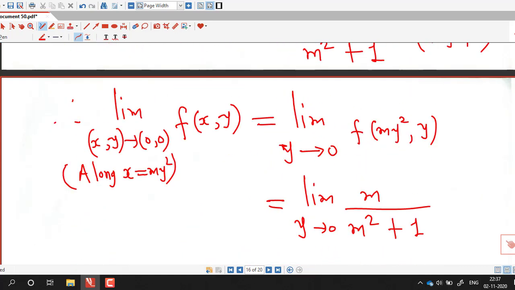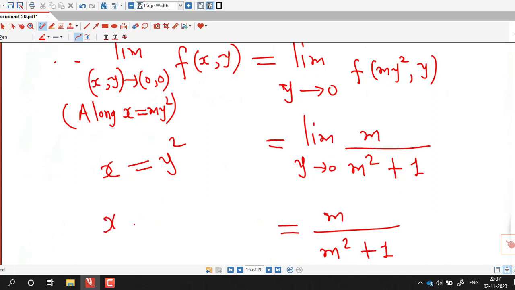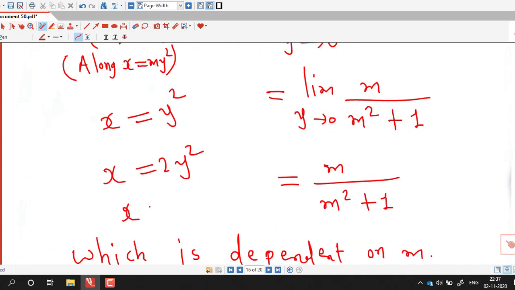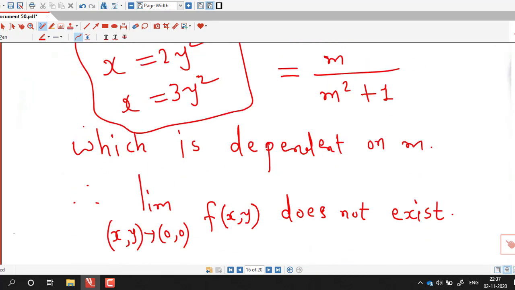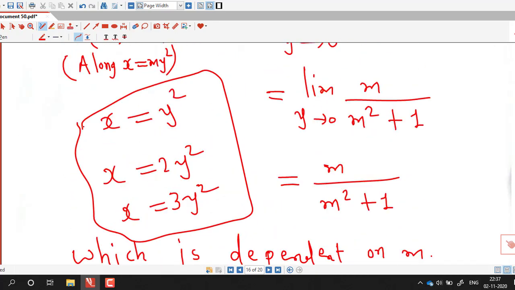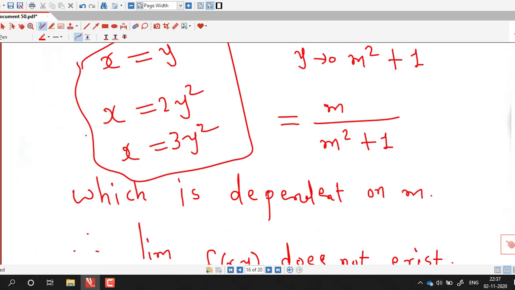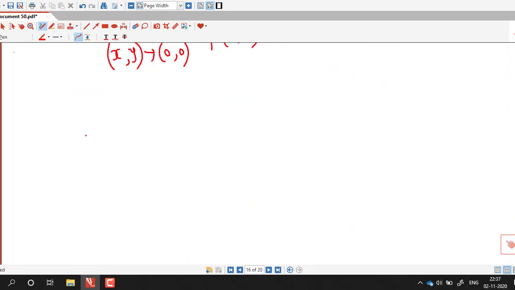That means along different parabolas of this form, suppose along x equal to y square, or along x equal to 2y square, say along x equal to 3y square, we are having different values of the limit. Therefore limit does not exist. So in this way we can check whether limit exists or not.